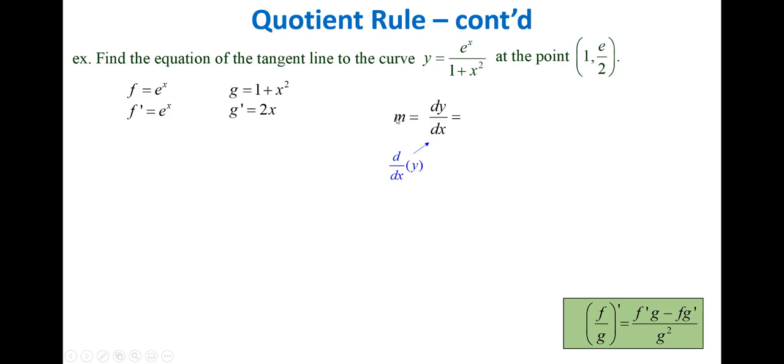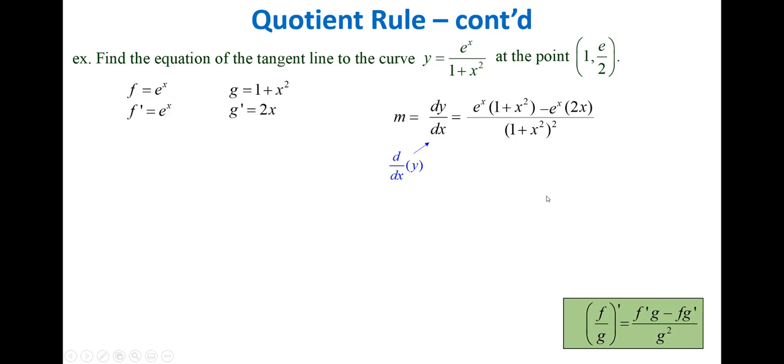And therefore, the slope, or dy dx, would be f prime e to the x, g, 1 plus x squared, minus f times g prime, e to the x times 2x, all over g squared, 1 plus x squared squared.